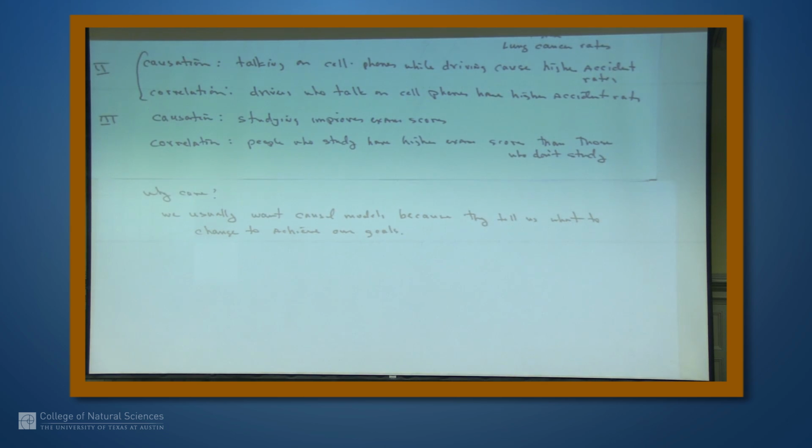If the relationship between smoking and lung cancer was not causal, then it wouldn't do any good to quit smoking or avoid smoking if our sole goal was to avoid lung cancer.